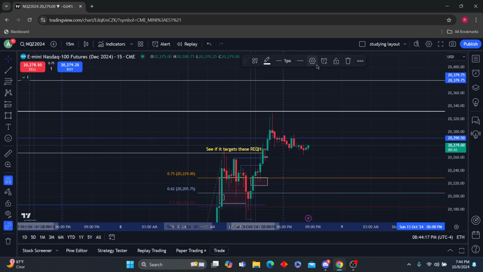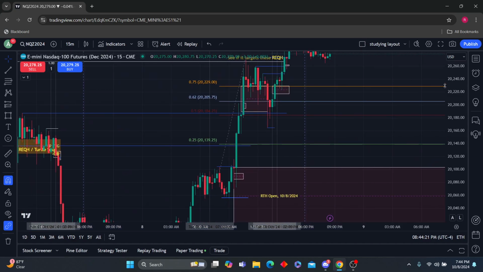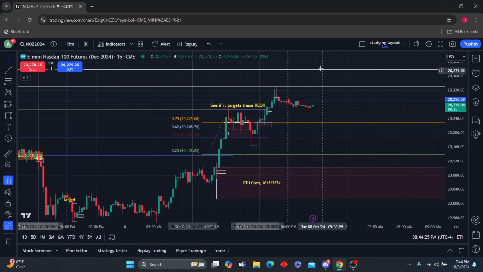I'm gonna be bullish tomorrow, and consequent encroachment of the wick. But if price starts to break down below this swing high of the 15-minute, shows retracement, then comes back down. That's kind of the goal.